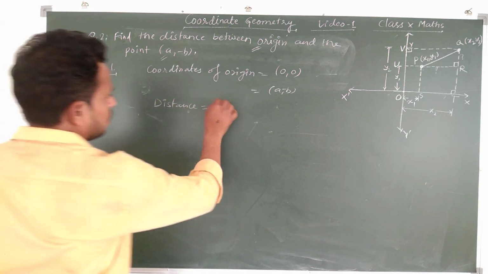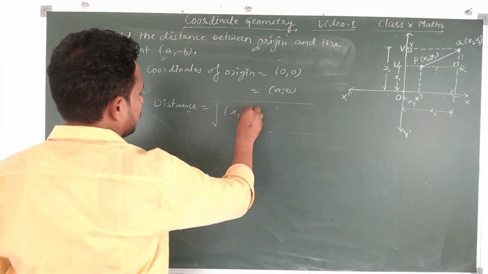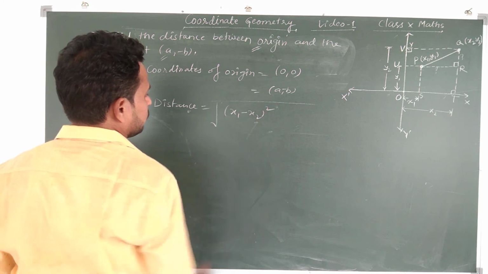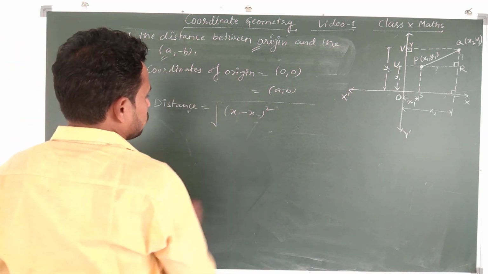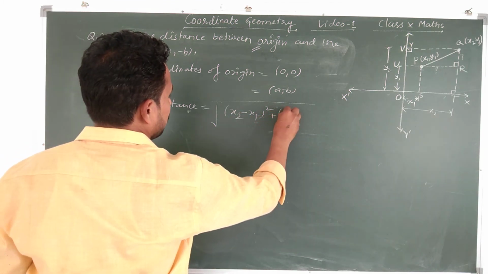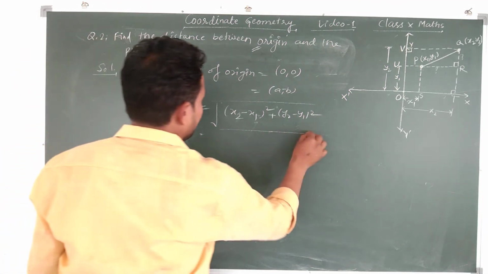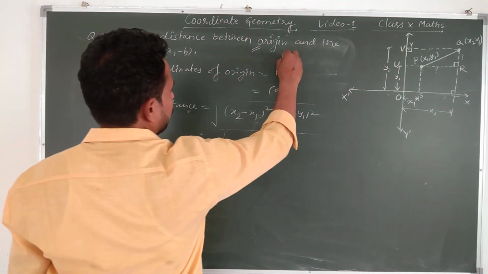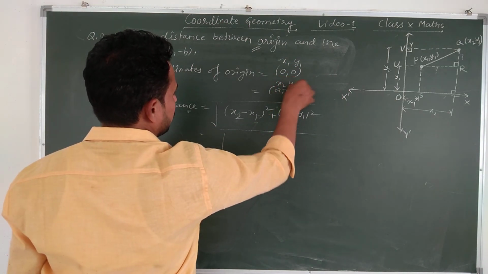Distance is the square root of (x2 minus x1) square plus (y2 minus y1) square. So we have x1, y1 and x2, y2.